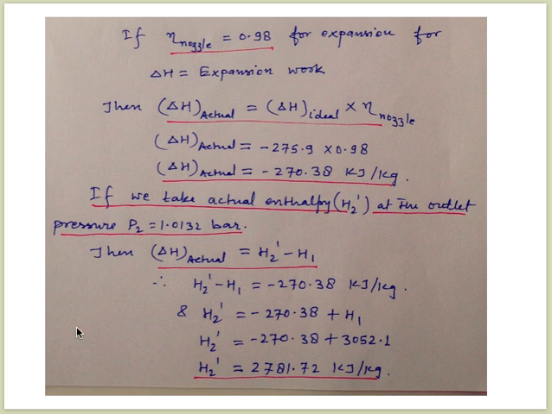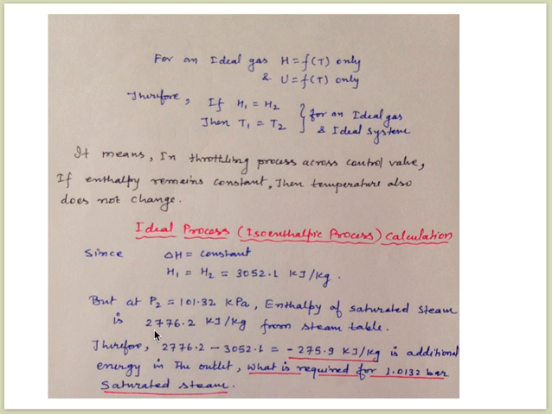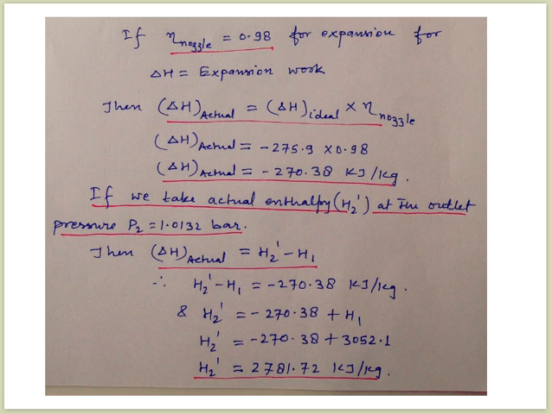It is slightly higher than this value, 2776.2. That means this enthalpy is slightly more than the enthalpy of saturated steam at 1 bar. So the real gas will be slightly superheated, because the enthalpy is more at the outlet condition.